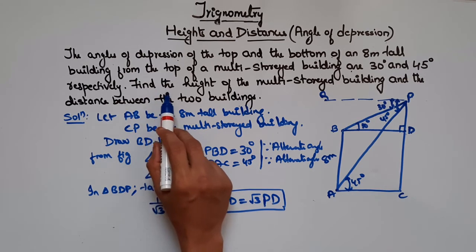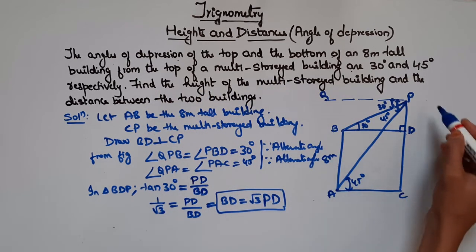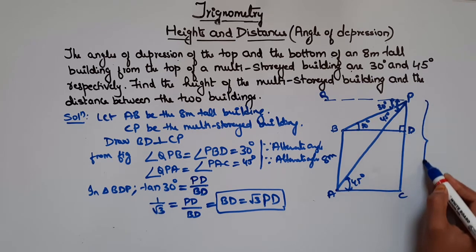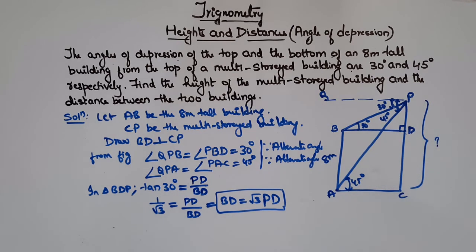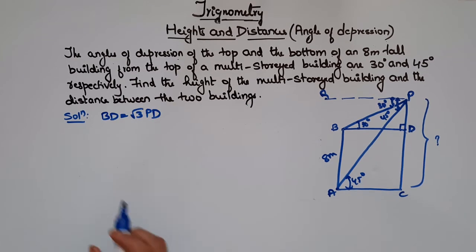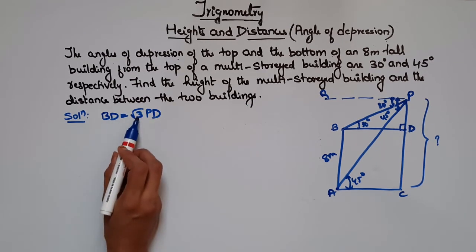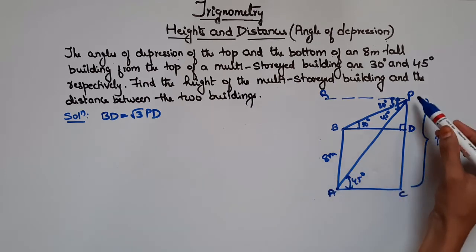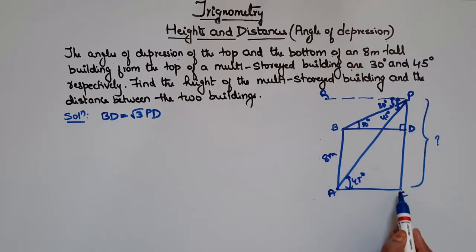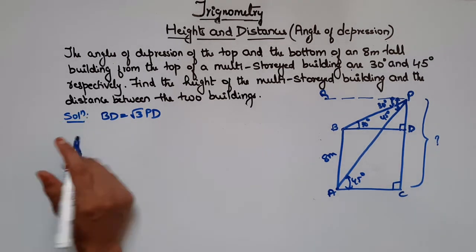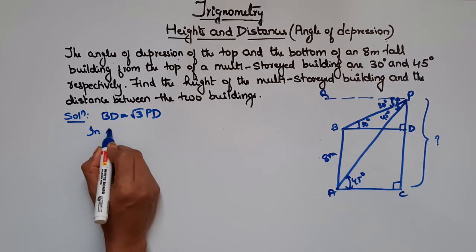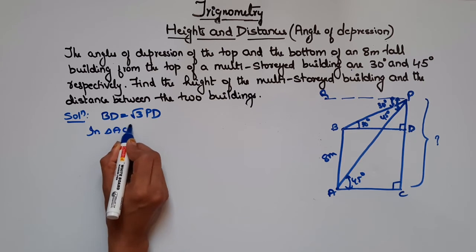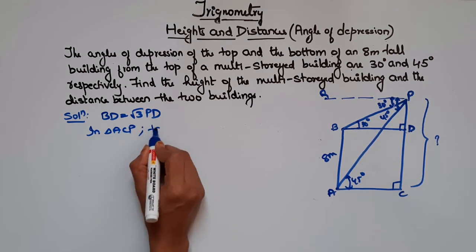Our aim is to find the height of the multi-story building. So we have to find PC, right? We will continue this, but before that, pause the video and note this down. So now we have BD is equal to root 3 into PD. Similarly, if you see the triangle ACP, this is also a right angle triangle. In right angle triangle ACP, what is tan 45 degree?